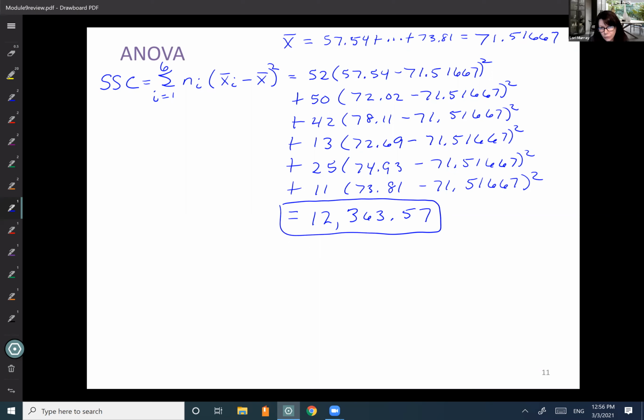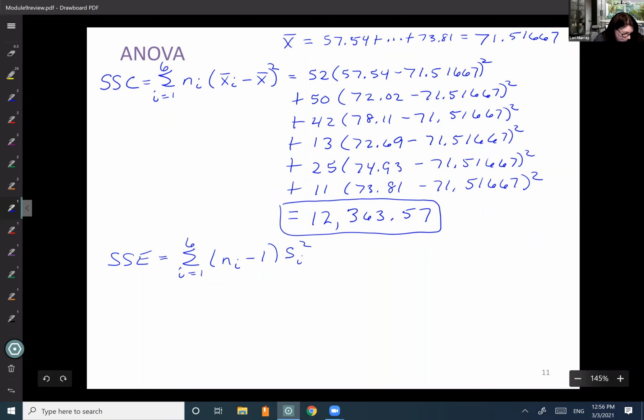And in this case, our groups are continents. Sum of the squares for the error, or within the groups, is the sum from i equals 1 to 6. You take the size of each continent, the number of countries within each continent, subtract 1, multiply it by the variance.